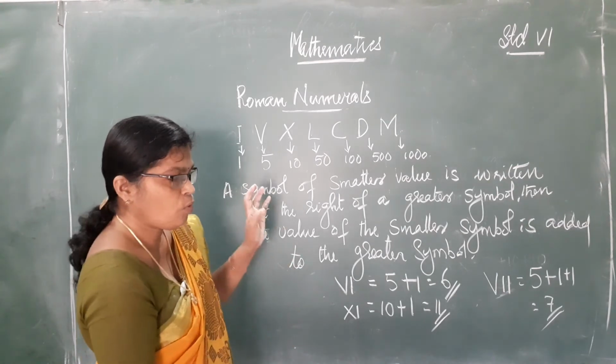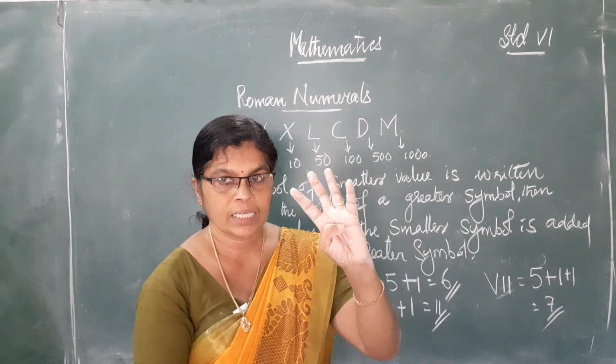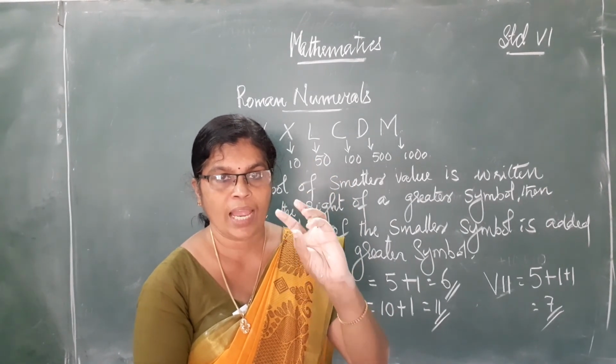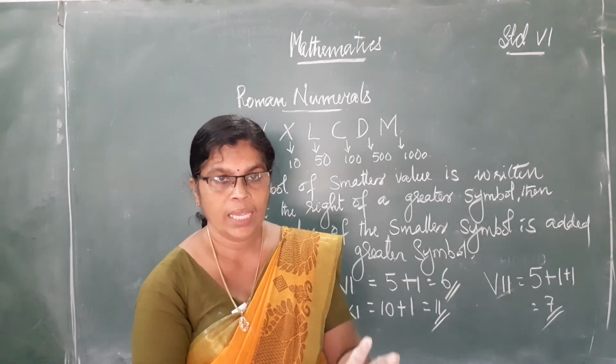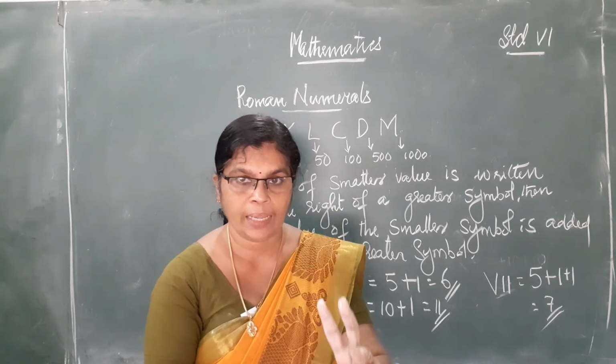So, what are the rules we have seen now? First rule: if a symbol is repeated, its value gets added as many times as it is repeated. Then one symbol can be repeated only 3 times.